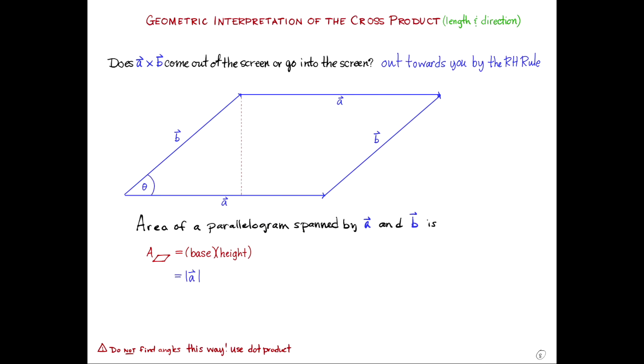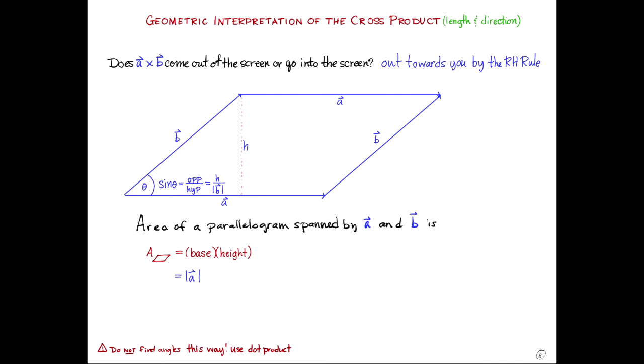We're looking for our height, which I've drawn in red here. And we know that sine of theta is equal to opposite over the hypotenuse, which in our case is h over the length of the vector b.